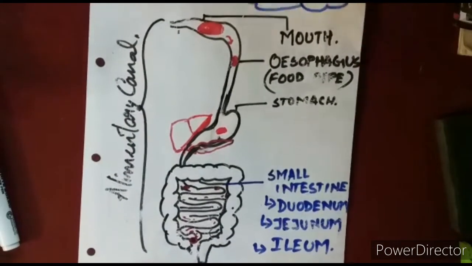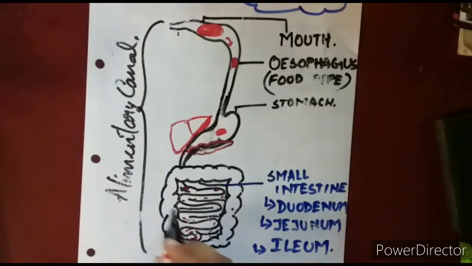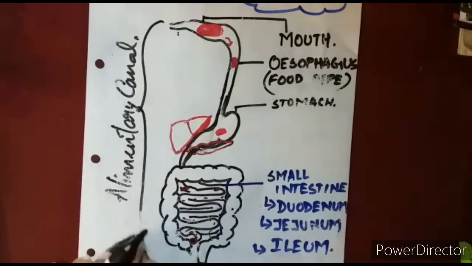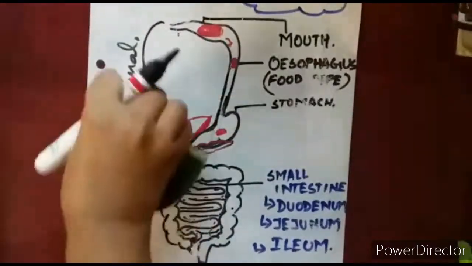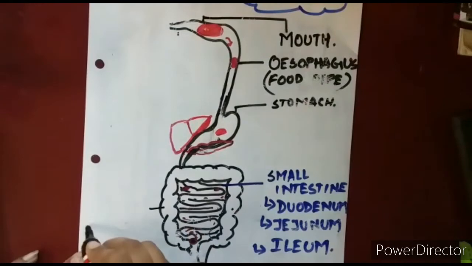So the large intestine is also divided into several parts. Okay, so what are those? Let's see. So this is the large intestine. Large intestine, I'm writing in abbreviated form.